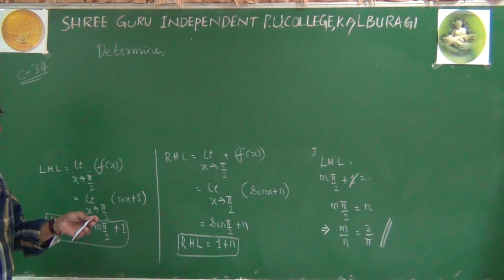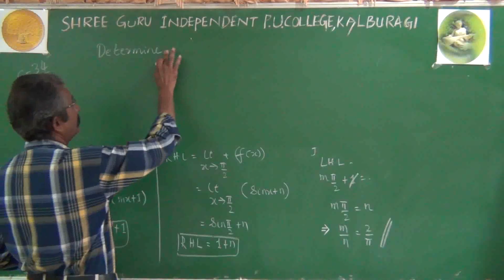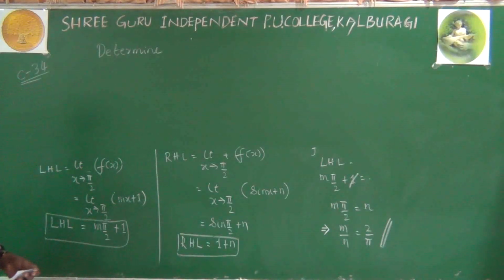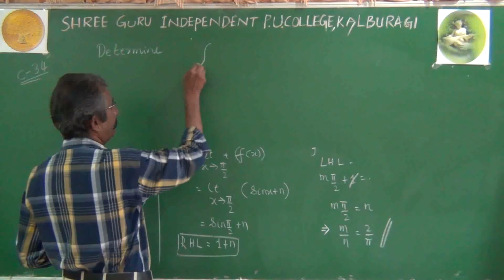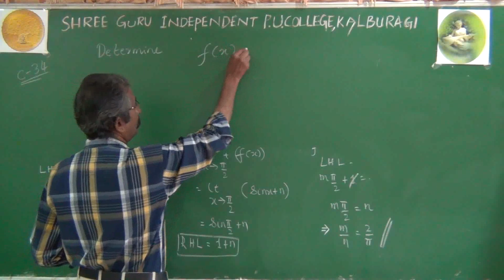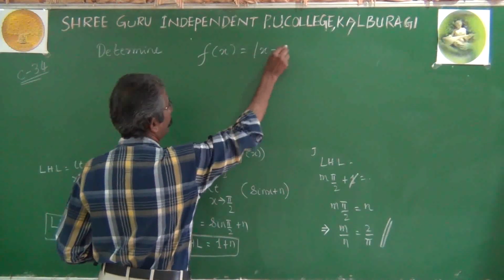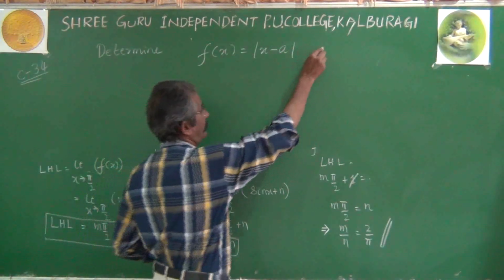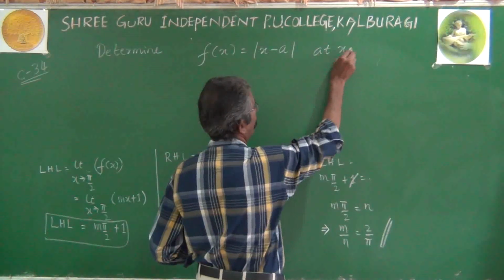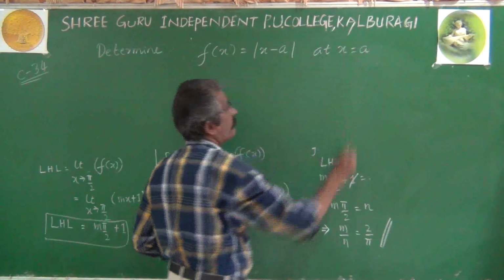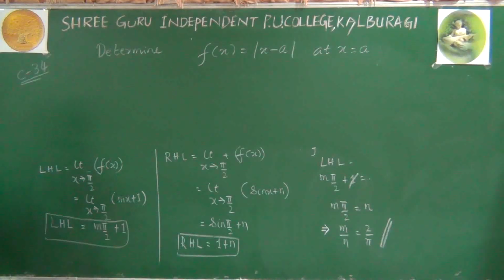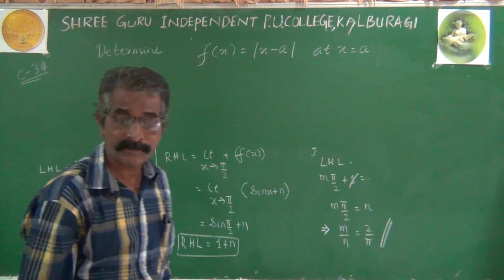Determine the continuity of the function f of x equals mod of x minus a at x equal to a, where a is supposed to be a real number, maybe positive or negative.